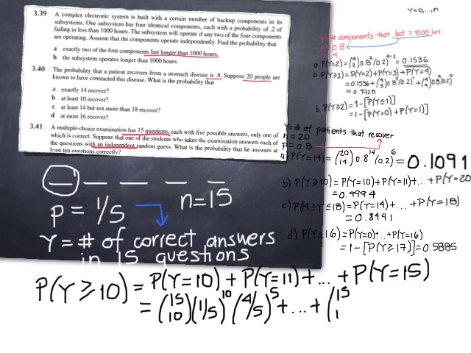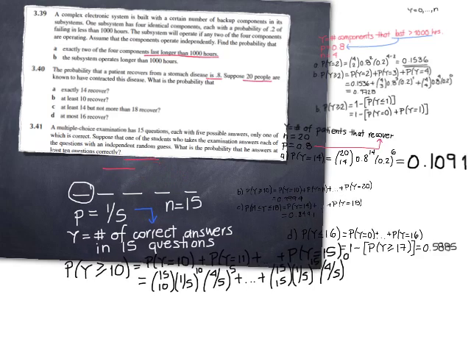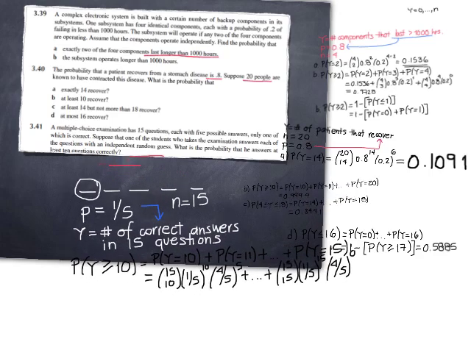and so on until you have 15 choose 15, where 1/5 is raised to the power of 15, and then the 4/5 is raised to the power of 0. We don't have any failures here. And finally, you should get 0.00011.